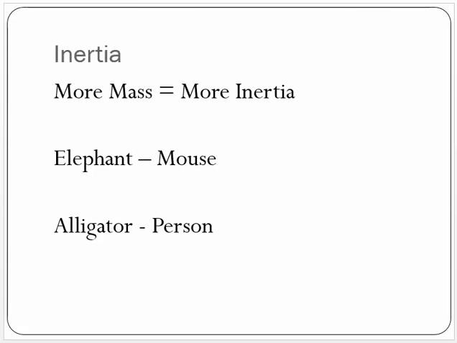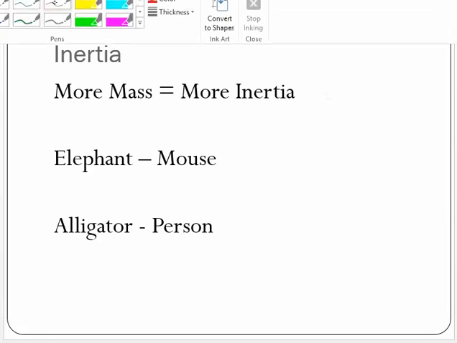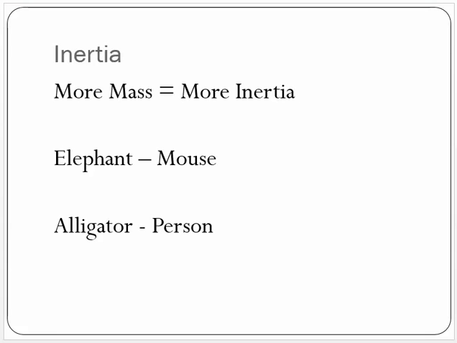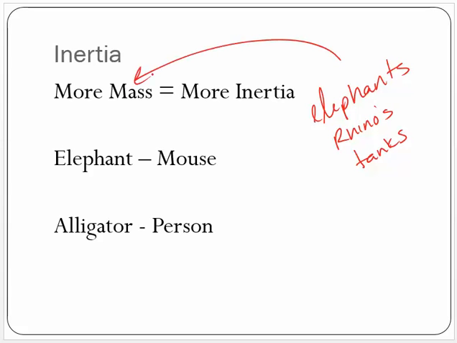Let's talk about inertia. Things that have inertia. Elephants have lots of inertia. Elephants, rhinos, tanks, all of these have lots of inertia. Why? Because they have lots of mass.